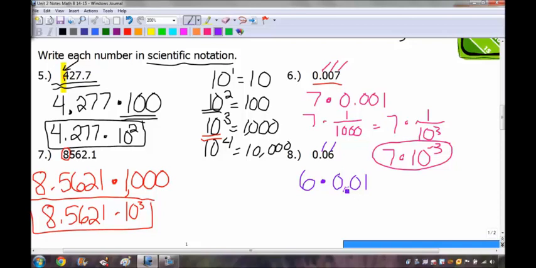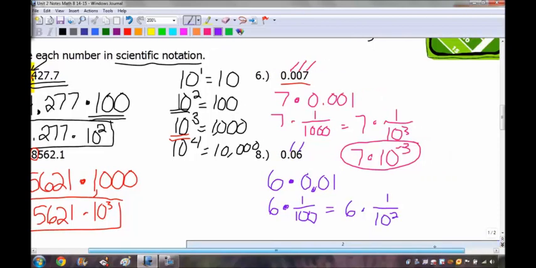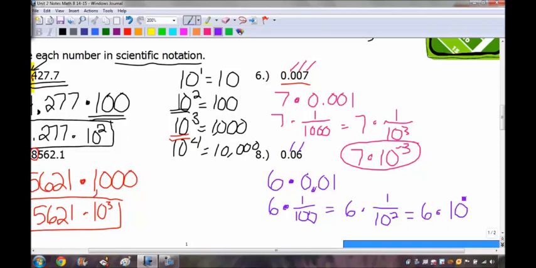So then when I go ahead and do that, I end up really getting 6 times, since this is the hundredths place, it's out of 100. So 6 times 1 over 100. Or really, 6 times 1 over 100 is 10 squared, right? So I end up getting 6 times 10 to the negative second power. And then that's my final answer for that question.